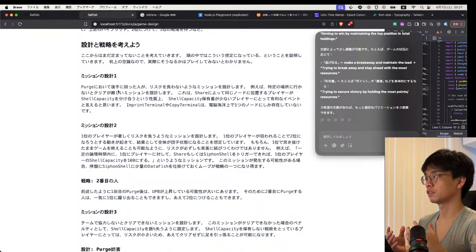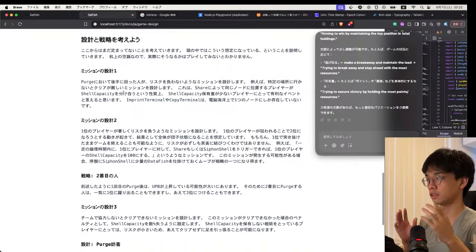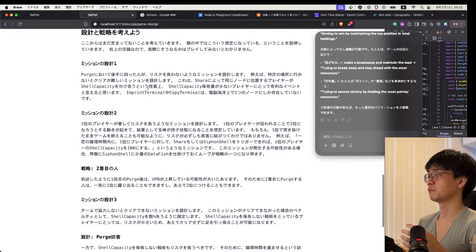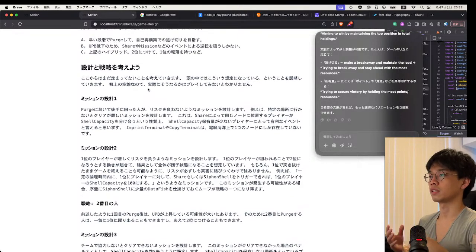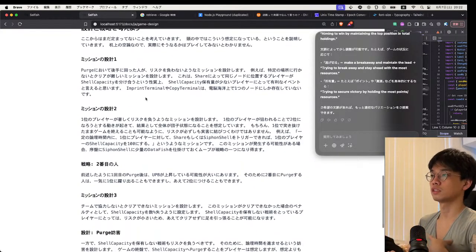I'm not sure the game is actually going like that, but I'm going to explain my expectation or assumption, and also I should design the missions to make the game more interesting and well balanced.